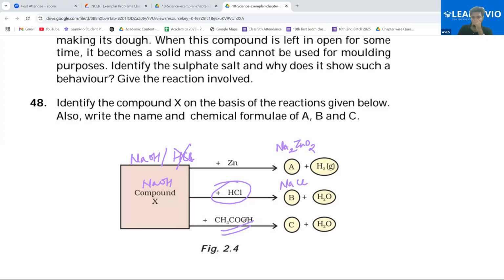Next is, so it will be CH3COONa, and we call it sodium ethanoate or sodium acetate. Acetate, note it down.